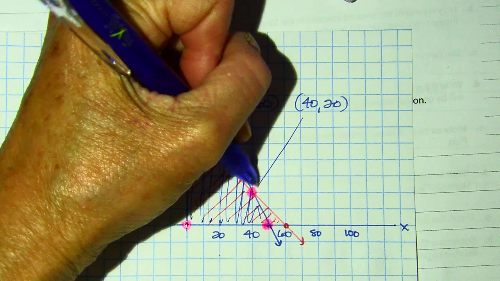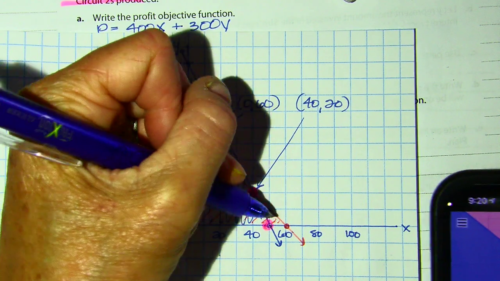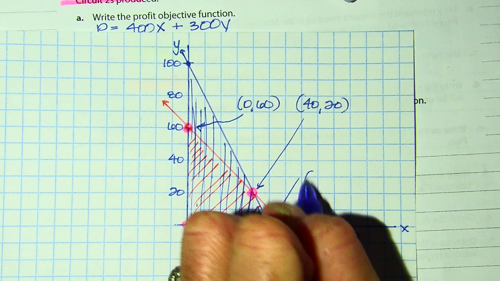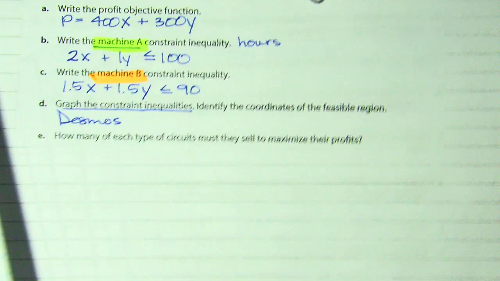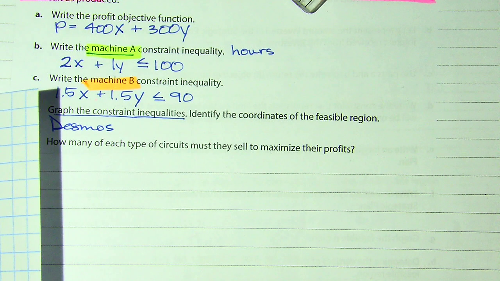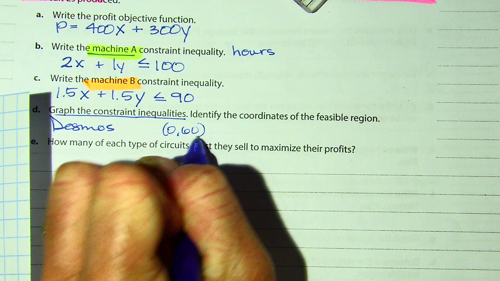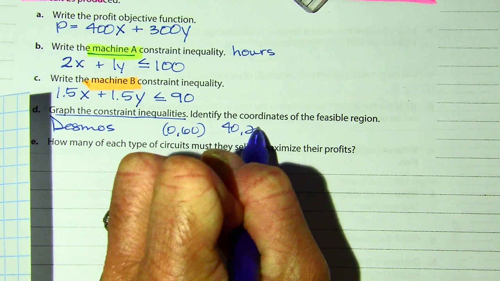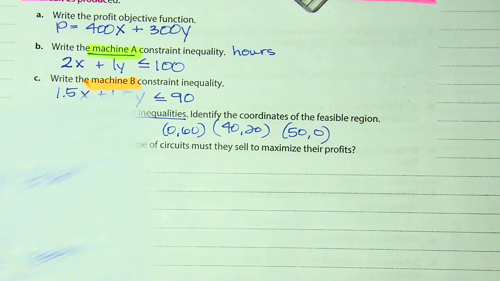And this point here is 50, 0. So I'm going to use those points, and I'm going to record them here. So my coordinates were 0, 60, 40, 20, and 50, 0.